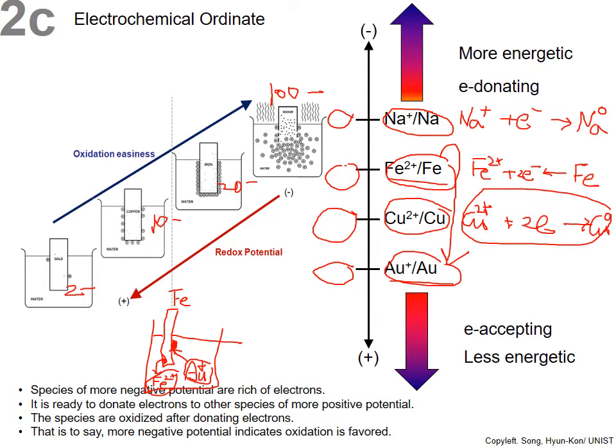At the same time, gold 2 plus would get the electrons from iron, becoming gold 0. Those reactions are going in these situations. One is reduction, right? The other thing is oxidation.